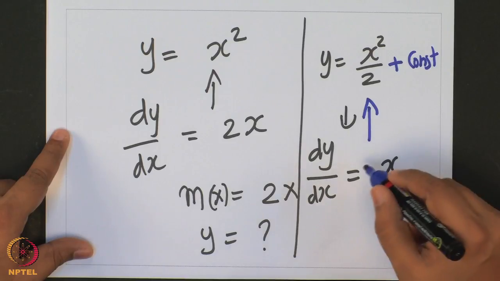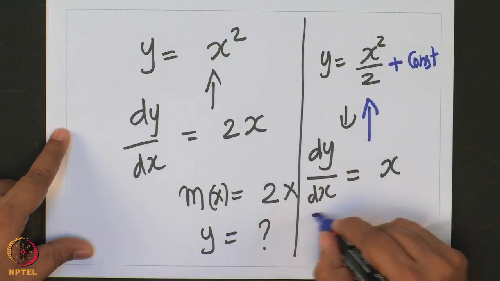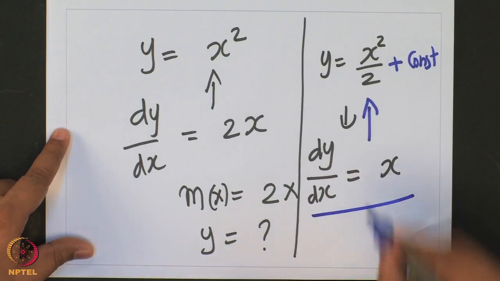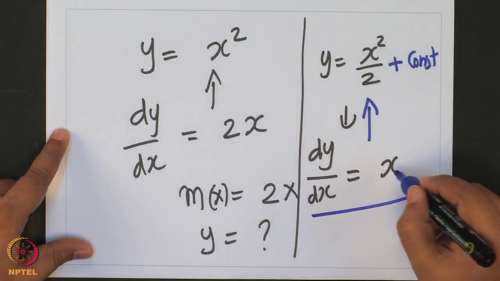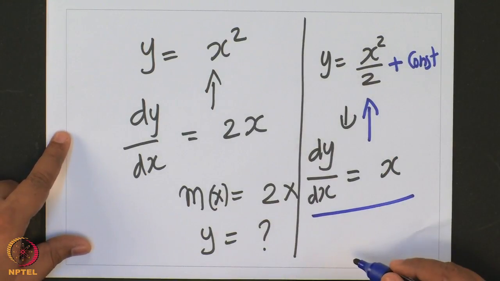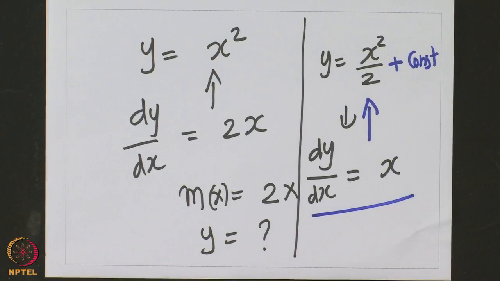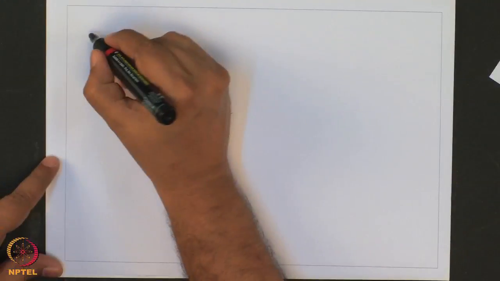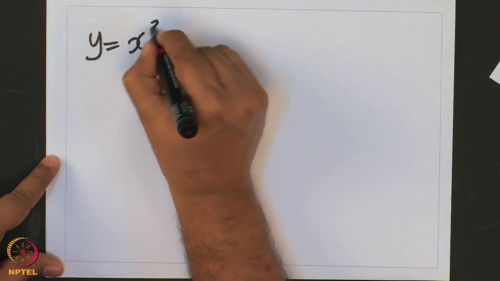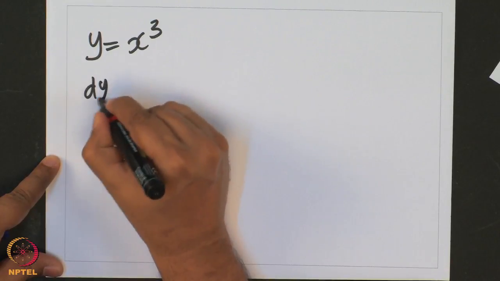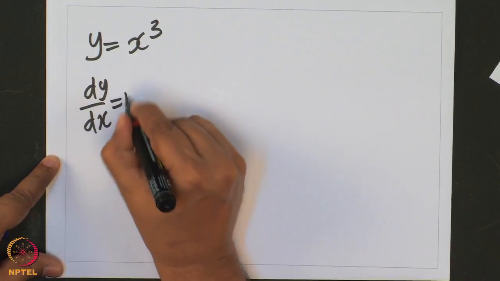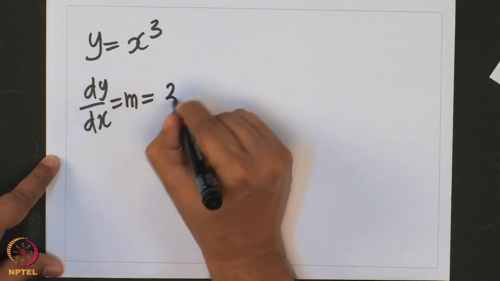So if we think of our slope function as x, and we integrate x, we should get x square divided by 2. Similarly, if we had our function as x cubed, we know that dy by dx, which is our slope m, is 3x square.